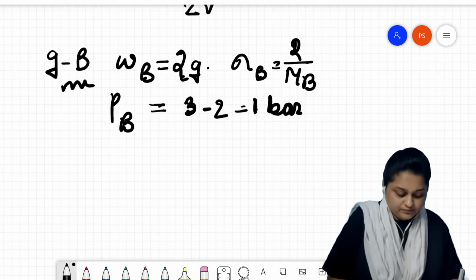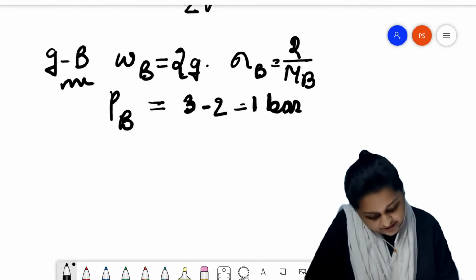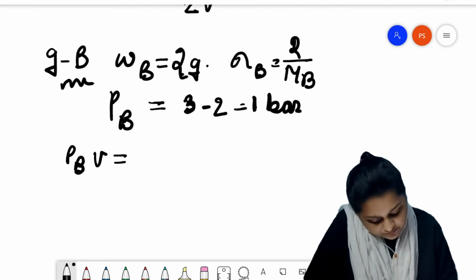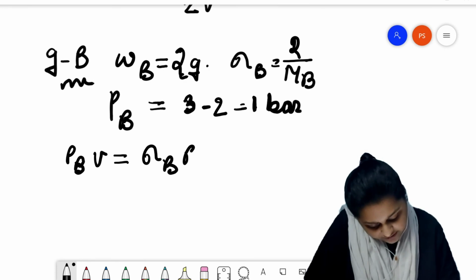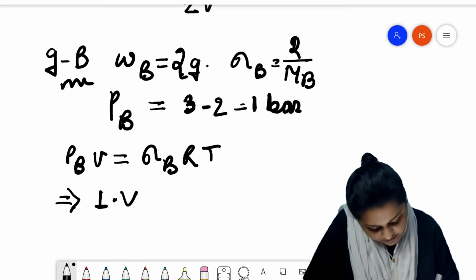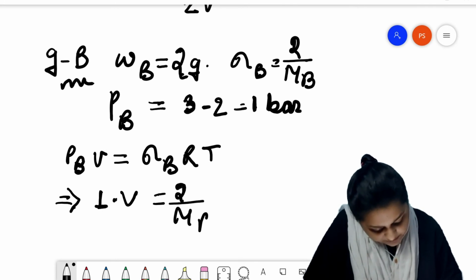Therefore, by applying the ideal gas law, P of B V equals n of B RT, or 1 multiplied by V equals 2 by molecular mass of B RT.